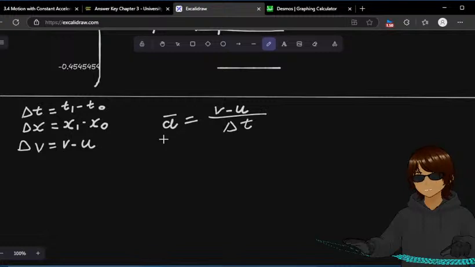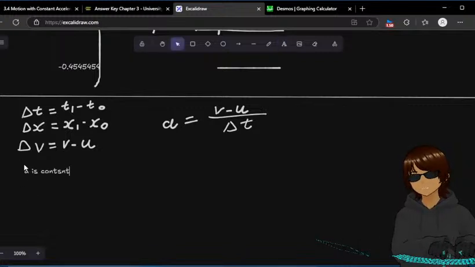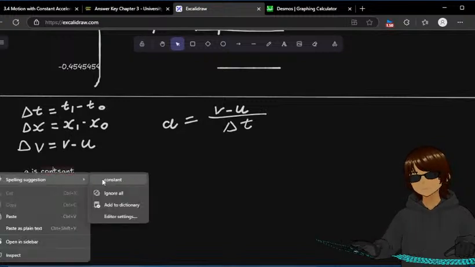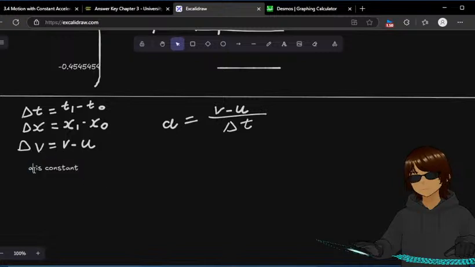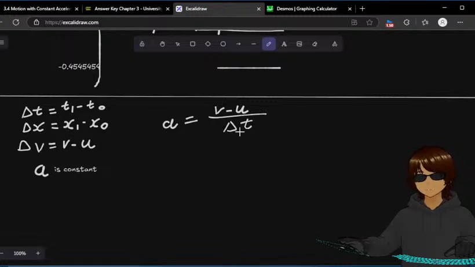And this acceleration is constant. So I will just write a, a is constant. And then final minus initial over time.